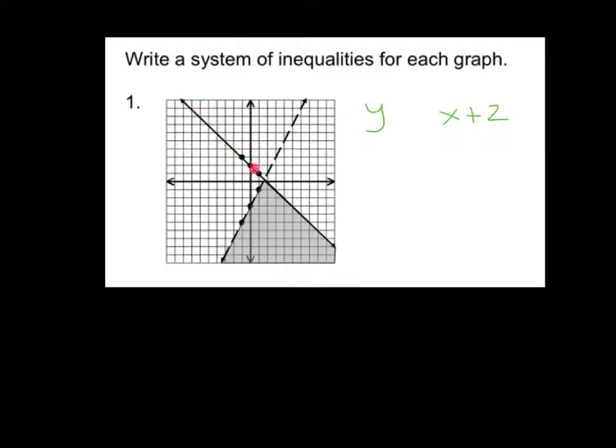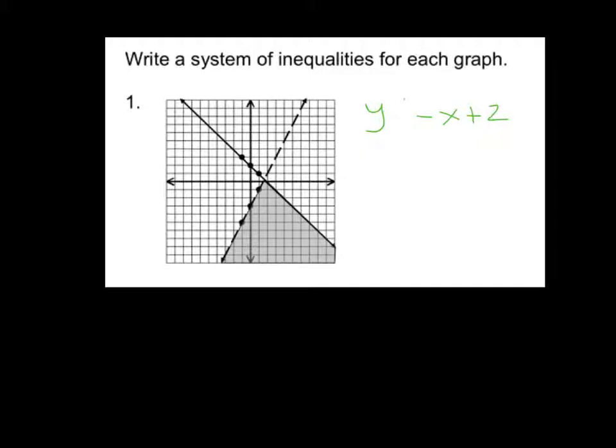This line slopes down, so I know my slope is negative. If you count, starting from your y-intercept, you notice that if you go down 1 and over 1, you're back on your line, which means that your slope must be negative 1x. I'm not writing negative 1, I just put negative x.